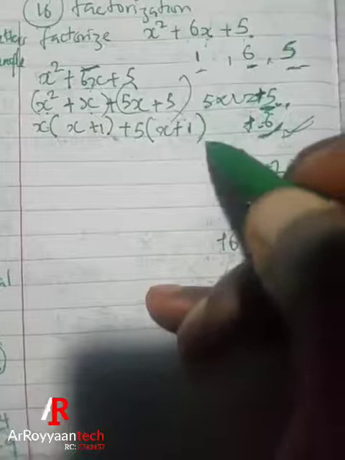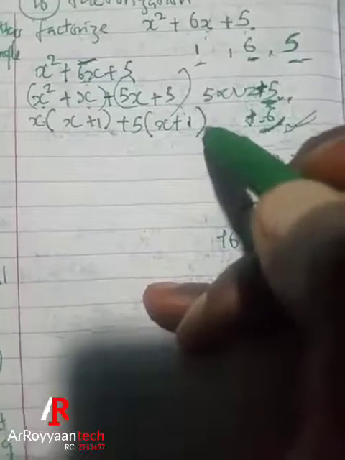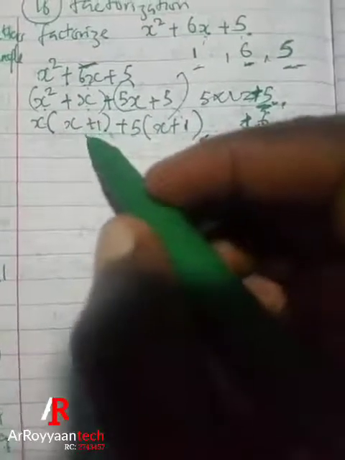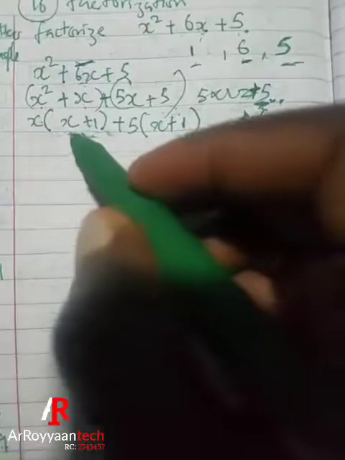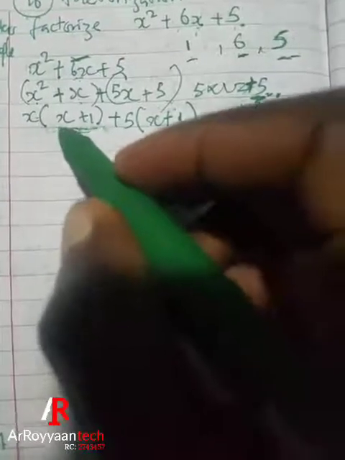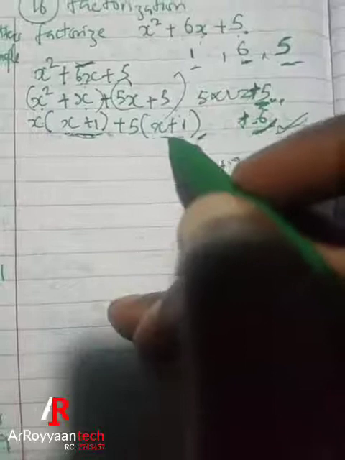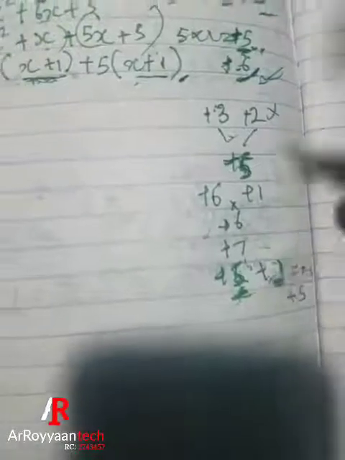So if we reach this stage, to be sure that we are right, the figures in the brackets have to be the same. If they are not the same, that means there's a mistake in the two numbers we are looking for.